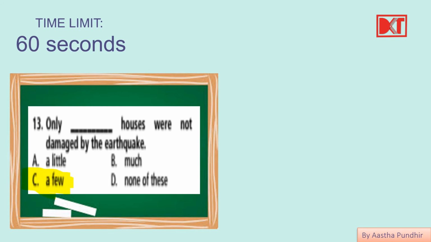Now, houses is what? Houses is countable, so we're using few with it. Little and much are used with uncountable nouns, for certain quantities that we can't put into units. So here we're using few, only a few houses. And these are again quantifiers.